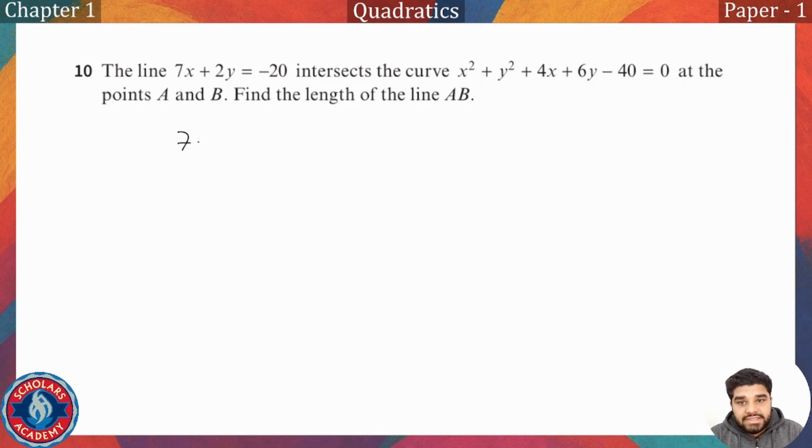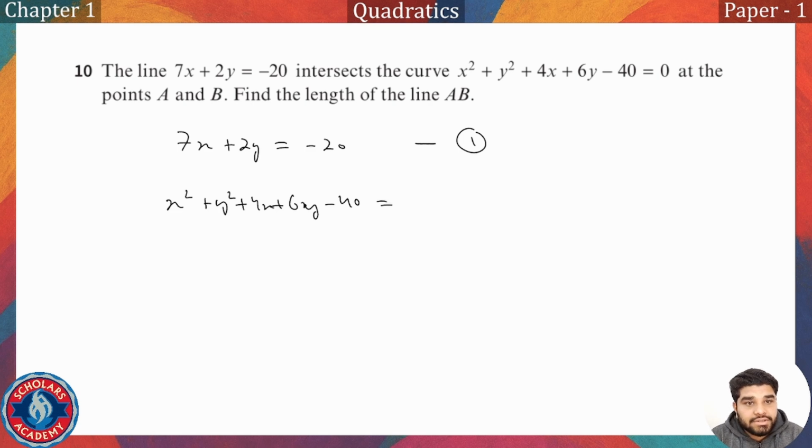So 7x plus 2y is equal to negative 20 is our linear equation, equation number 1, and x square plus y square plus 4x plus 6y minus 40 is a quadratic equation, which is equation number 2.